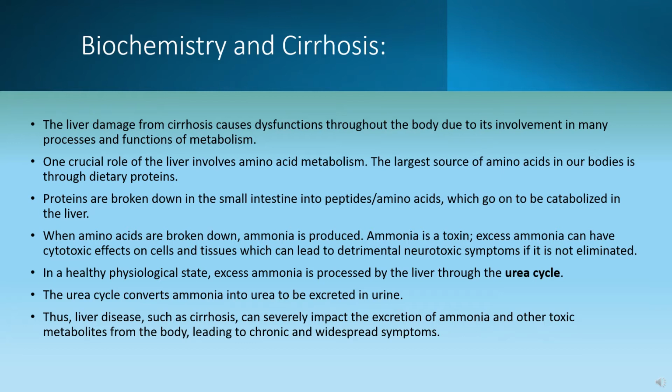This is in the form of ammonia, which is a toxin, so it has to be eliminated. In a healthy physiological state, we excrete excess ammonia through the urea cycle. This cycle converts ammonia into urea, which is excreted in urine. Thus, liver disease and cirrhosis severely impacts these functions and leads to the symptoms seen.